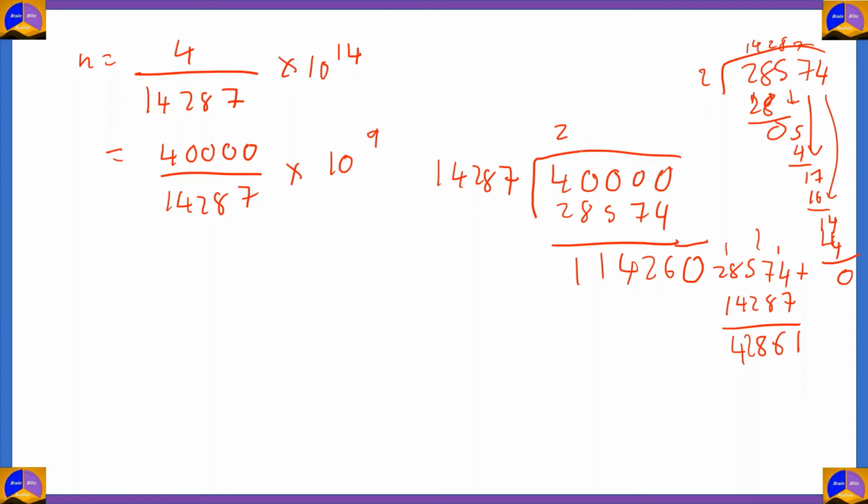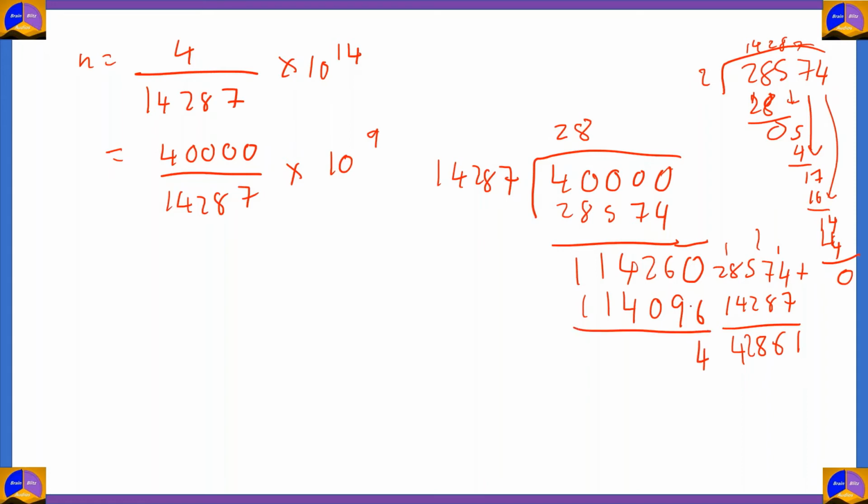So it becomes 14287 times 8 will fit in here. So that will be equal to 114,096.